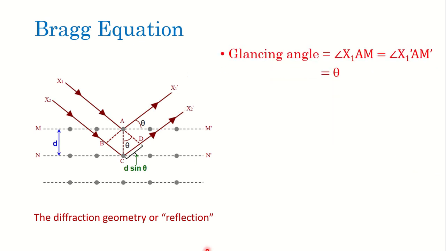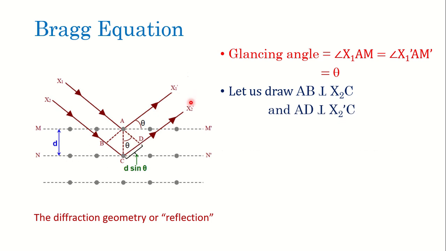The glancing angle is angle X1AM, or X1 prime AM prime. These angles are theta. Let us draw AB perpendicular to X2C, so this AB is perpendicular to this line X2C, and AD perpendicular to CX2 prime.